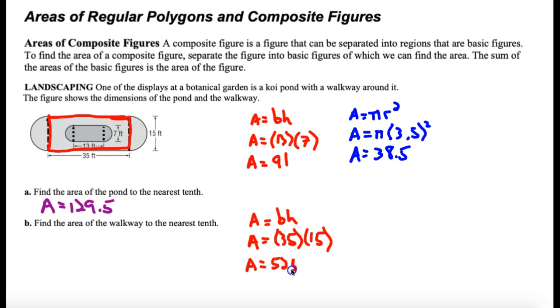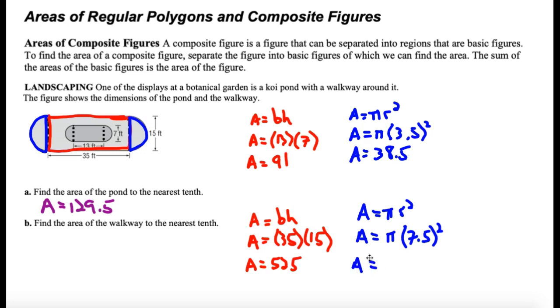And then again, just like we just did, we need to find the areas of these two semicircles. That will be one whole circle, so pi r squared. Again, the diameter is 15, so the radius is half of that, 7.5.